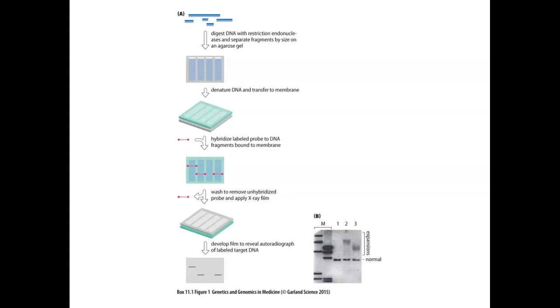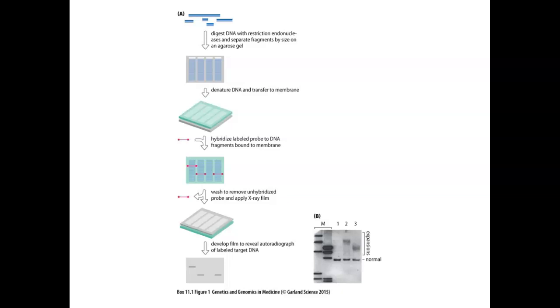Basically we would use the opposite complement of what we suspect we're looking for, and that probe will stick to its complement from the sample. Then we can use either X-ray film or some other chromogenic way to see whether or not our probe is there.